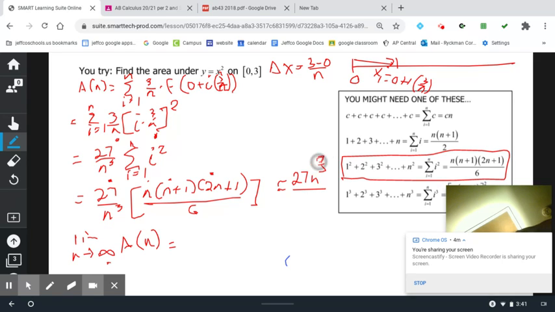The denominator is 6n cubed. All the other stuff goes away, and as n gets infinitely large, it just reduces to 27 over 6, or 9 halves. That is the exact area. All right.